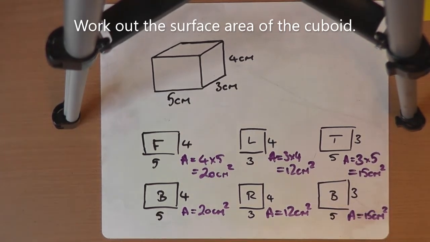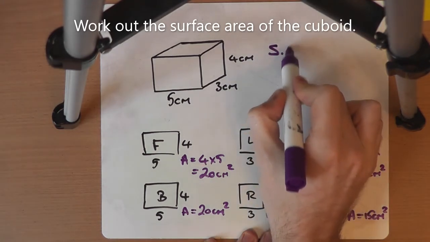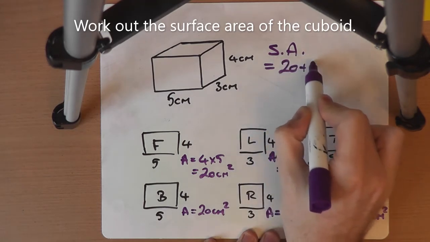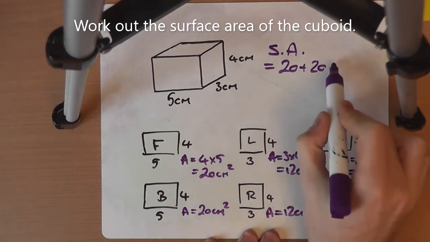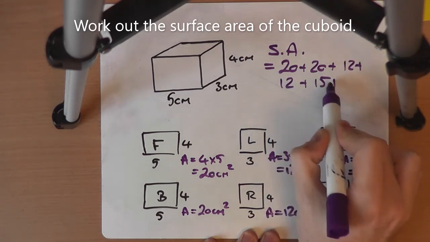To find the total surface area, all we would need to do is add up all of those individual areas. So the surface area will be 20 plus 20 plus 12 plus 12 plus 15 plus 15.